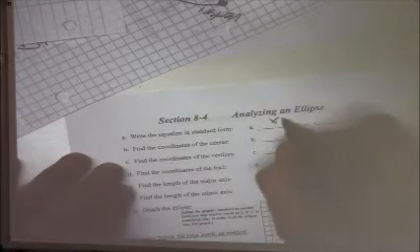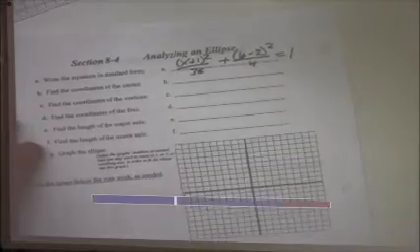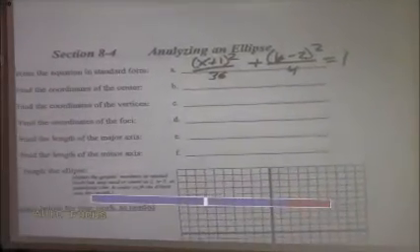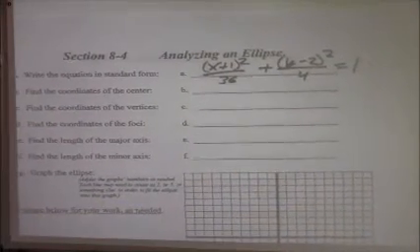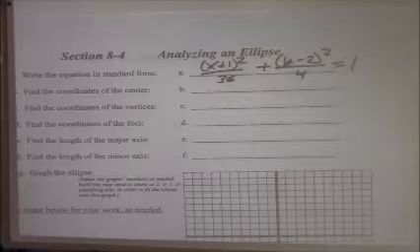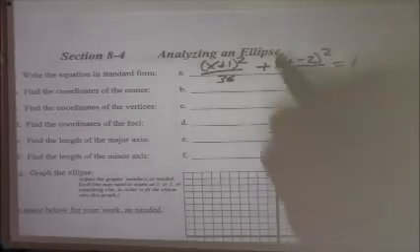Okay, x plus 1 squared divided by 36 plus y minus 2 squared divided by 4 is equal to 1. That's the one I think we'll work with first. For the coordinates of the center, we think the same thing we did with the vertex on the parabola. We use the h and the k.